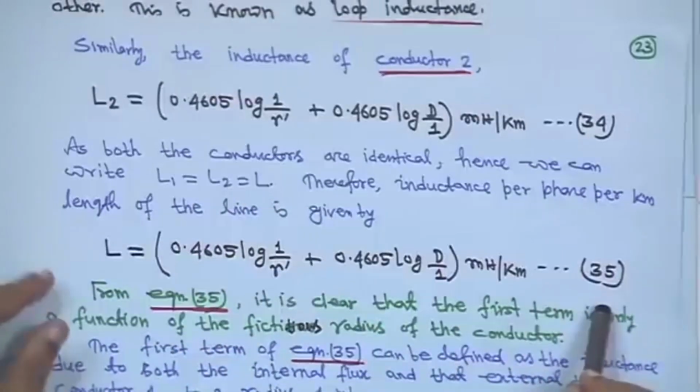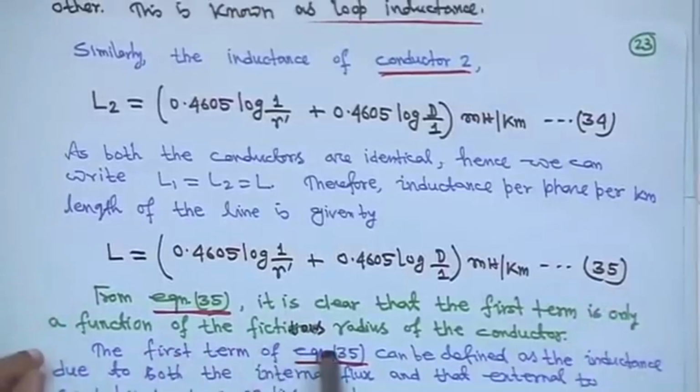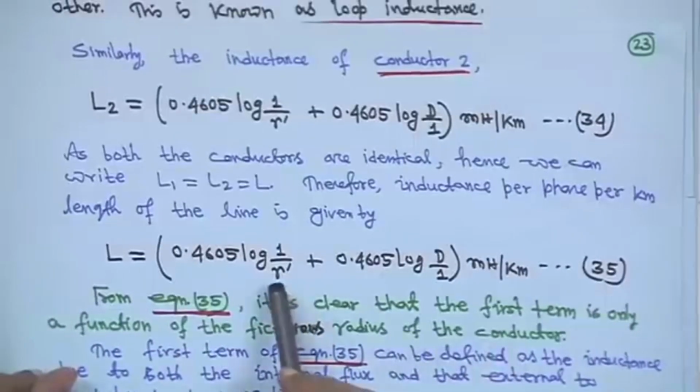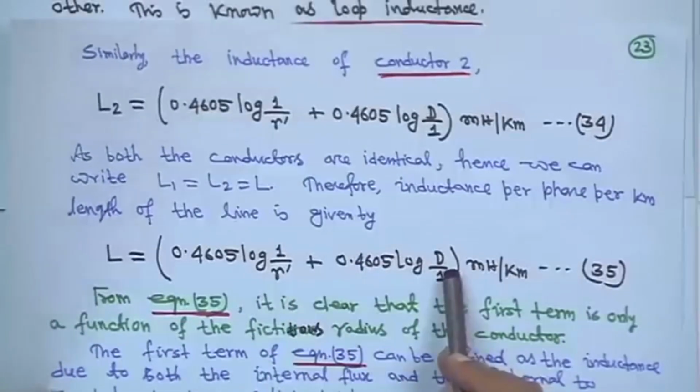Now from this equation 35, it is clear that the first term is only a function of the fixed radius of the conductor, r dash, and the second term is only a function of d.